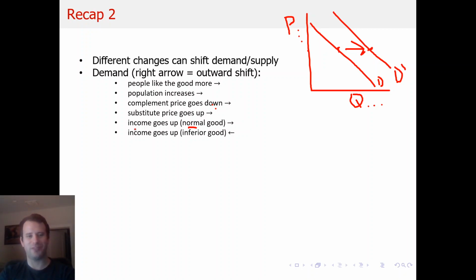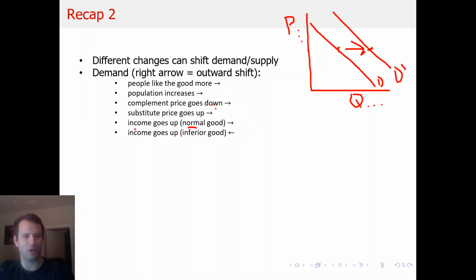One of the examples I gave in the review slides is that a fancy IPA would be considered a normal good. You're probably not consuming IPAs too much unless you have a substantial amount of disposable income. But you might drink a lot of Natty Boh or Natural Light or something like that.